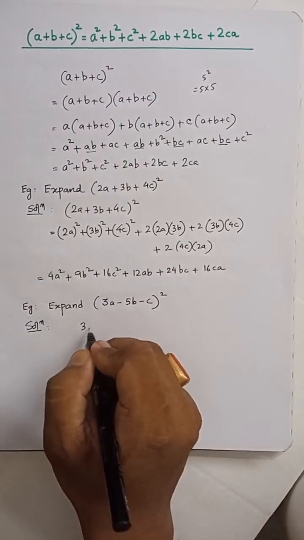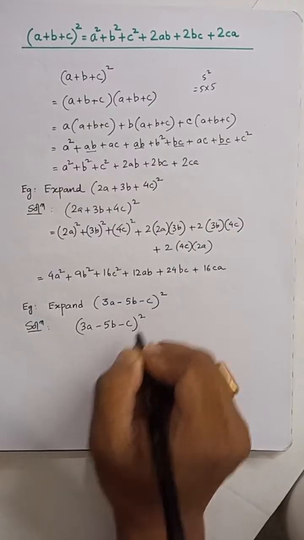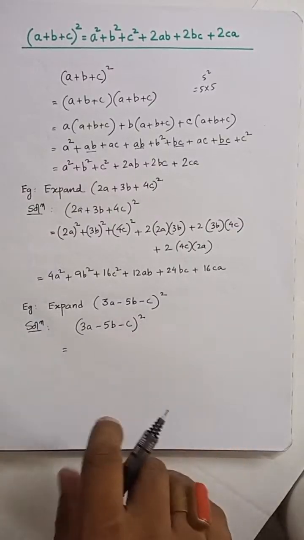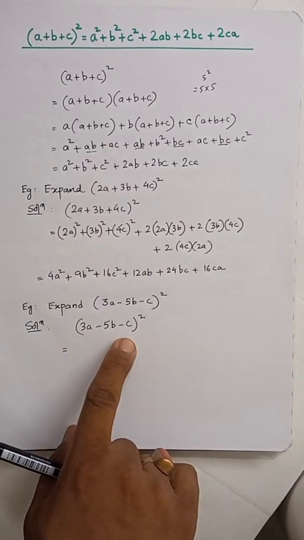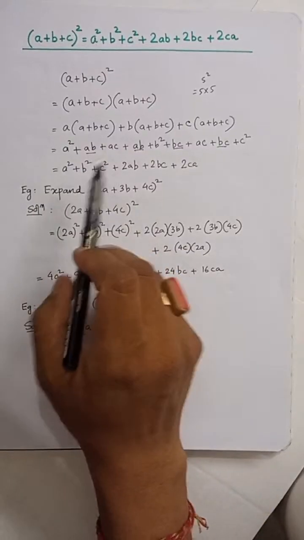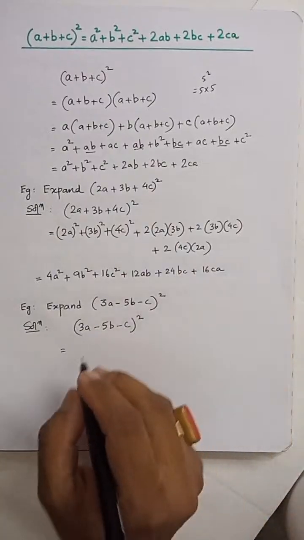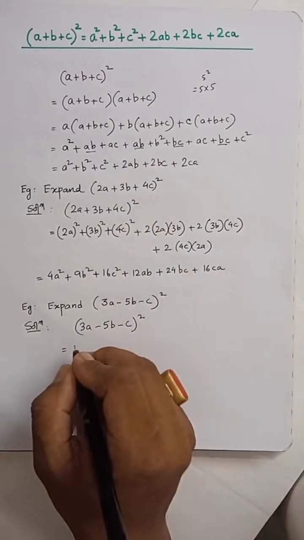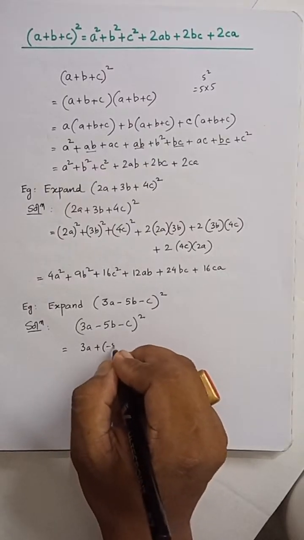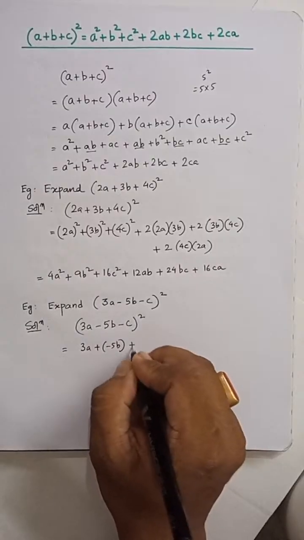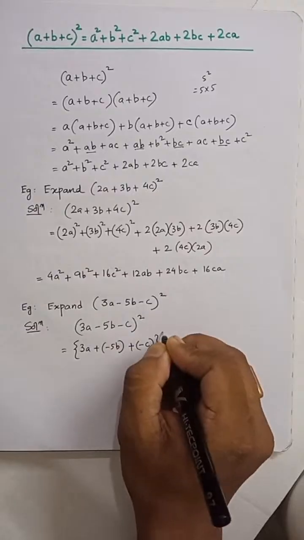So we have (3a - 5b - c) whole square. Now if we observe closely, we have two negative terms over here, minus 5b and minus c. Now our identity does not provide us anything for negative terms. So what we can do, we can rewrite this expression as 3a, we'll write the positive sign and then minus 5b and positive sign and minus c, then we can write the whole square.